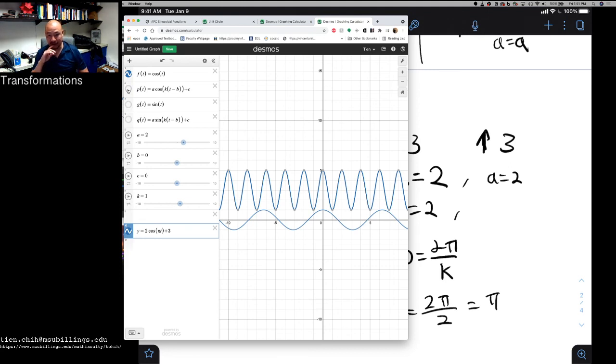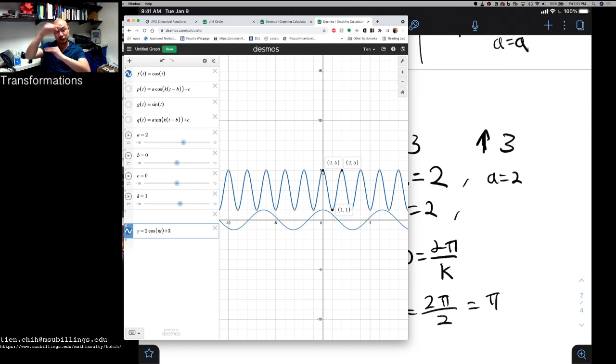Let's just turn that off for a second. Let's see here. That's a transformation of cosine. The period is 2, it reaches its peak every 2 units. Its range goes between 1 and 5, and so the midline is halfway between that.